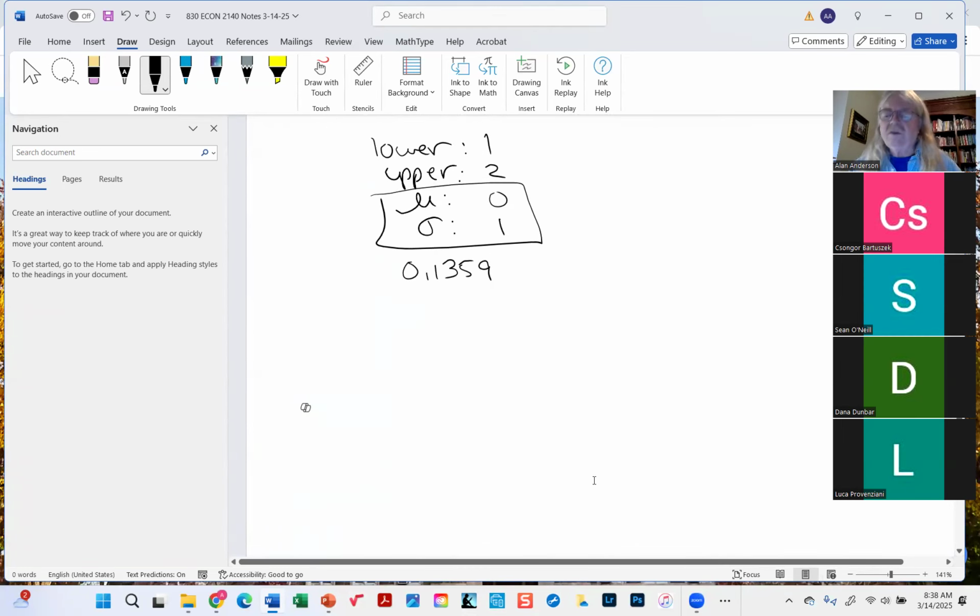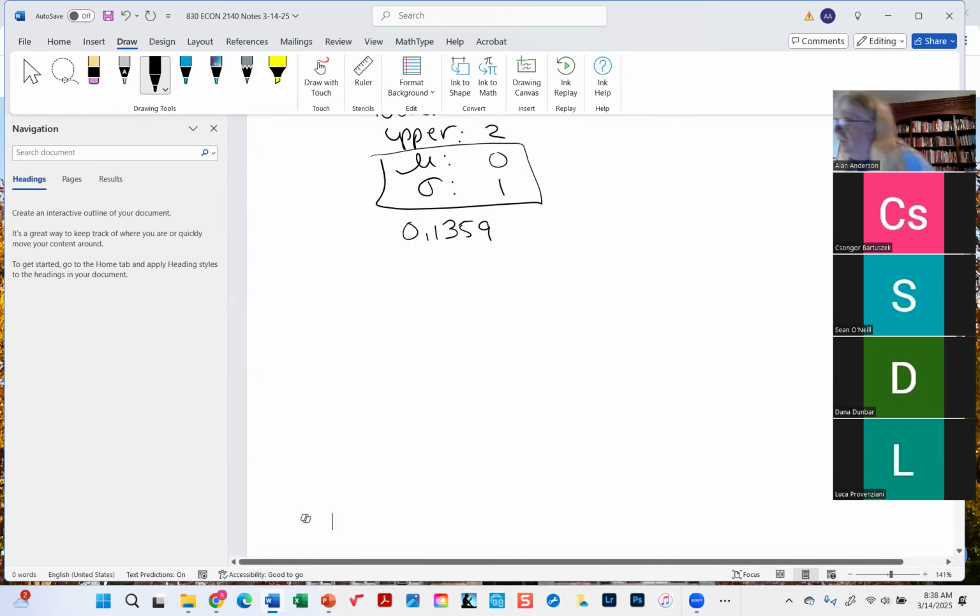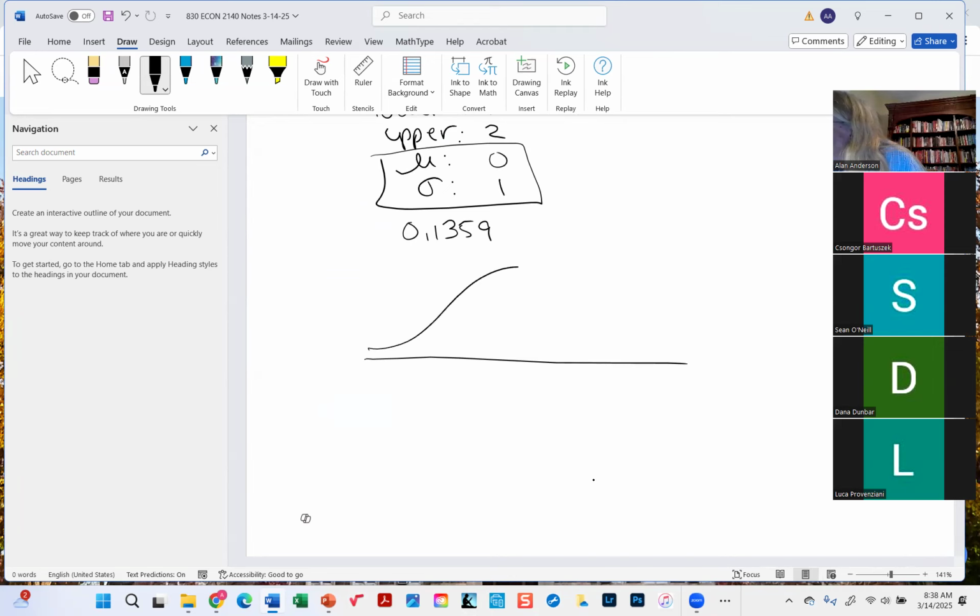The only thing we have to be aware of is what to do about infinities. So if you had something like this, what's the probability that z is greater than or equal to 1.50?